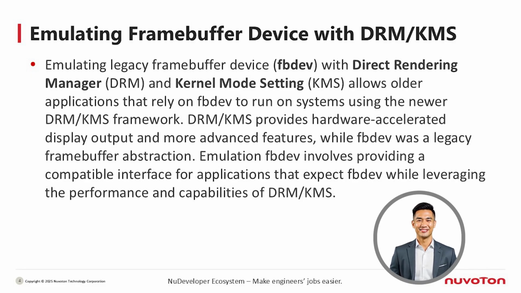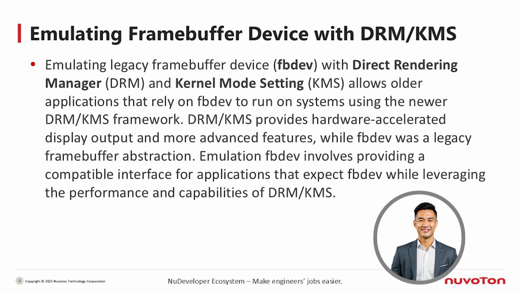DRM and KMS provide hardware-accelerated display output and more advanced features, while FBDEV was a legacy Framebuffer abstraction. Emulating FBDEV involves providing a compatible interface for applications that expect FBDEV, while leveraging the performance and capabilities of DRM and KMS.